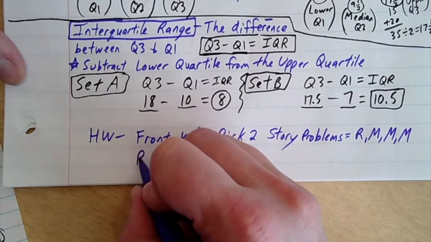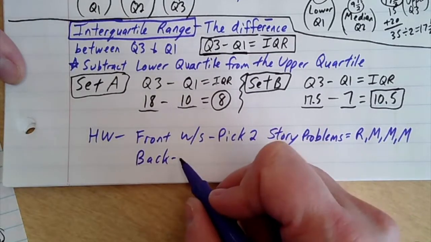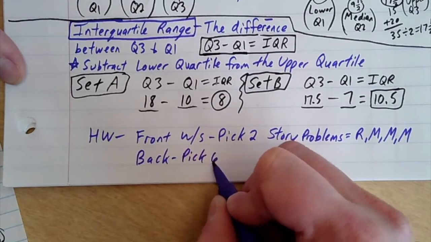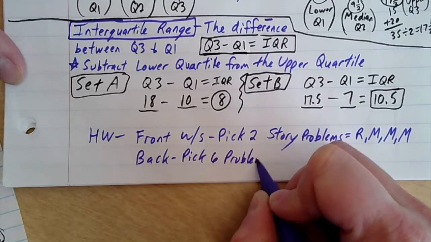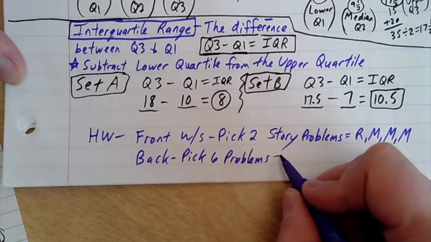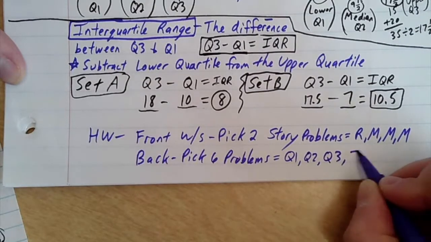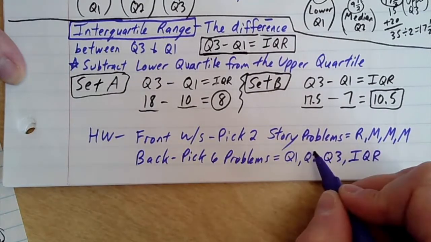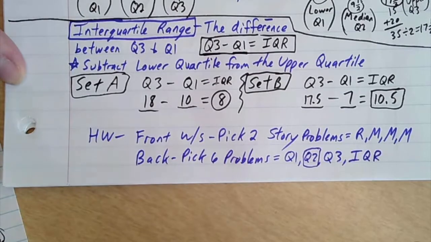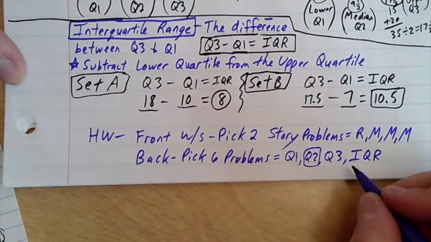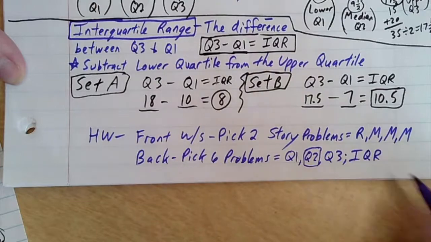And then on the back, you're going to pick 6 problems, and you're going to find Q1, Q2, Q3, and inner quartile range. Remember, you actually find Q2 first, and then you split it in half to find 1 and 3, and then inner quartile range we said was Q3 minus Q1.